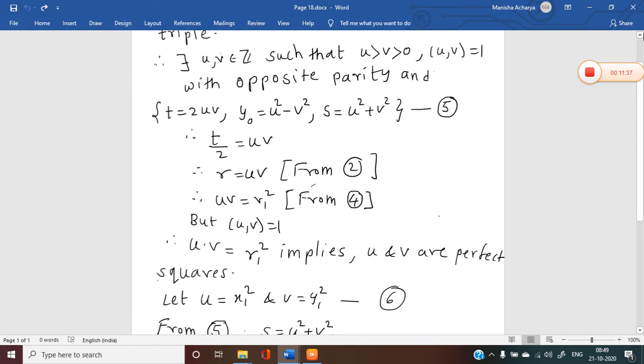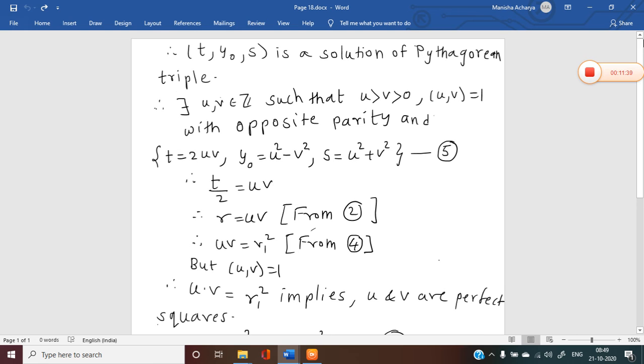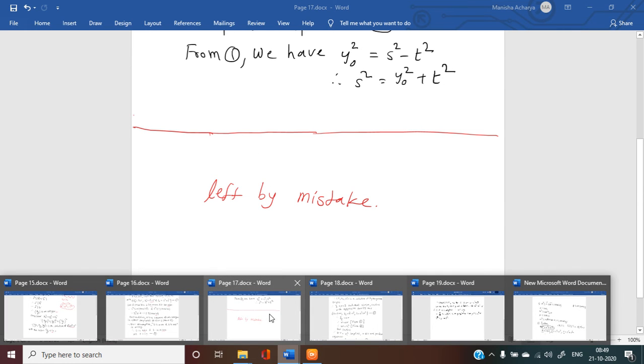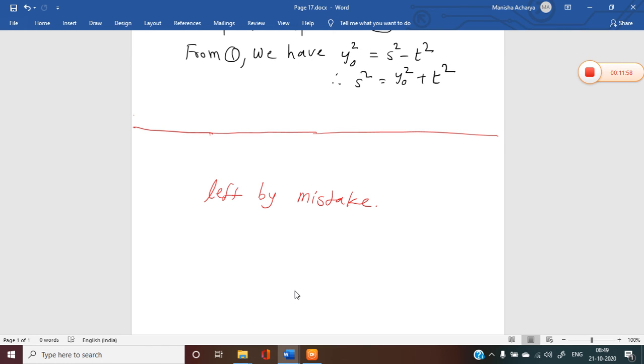So over here, students, you have to remember certain steps in this proof, that means there is no continuation. Here, in the previous page, what we have got is that y0 square is equal to s square plus t square.